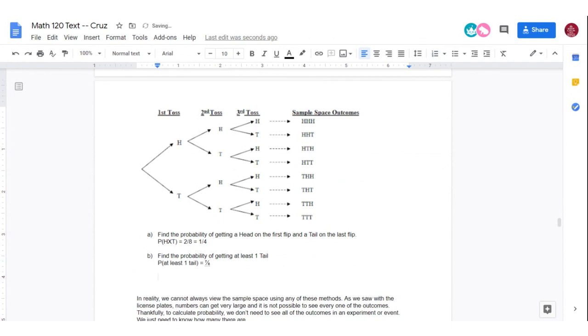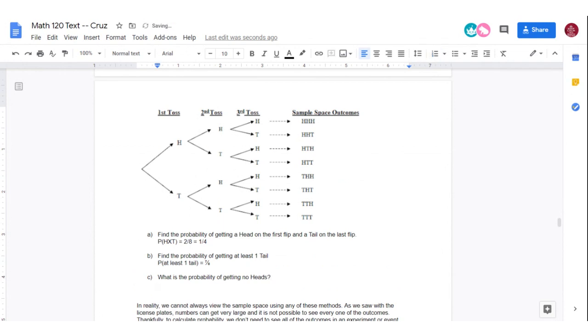I'll try one last one here. One of 8. 1 out of 8. Yeah, that's good. And again, this is going to be an important rule that we're going to see.